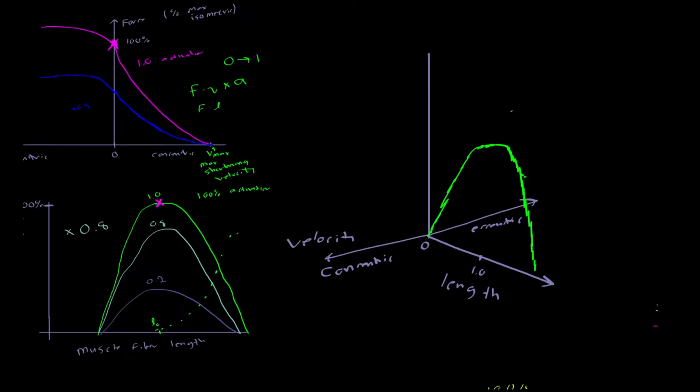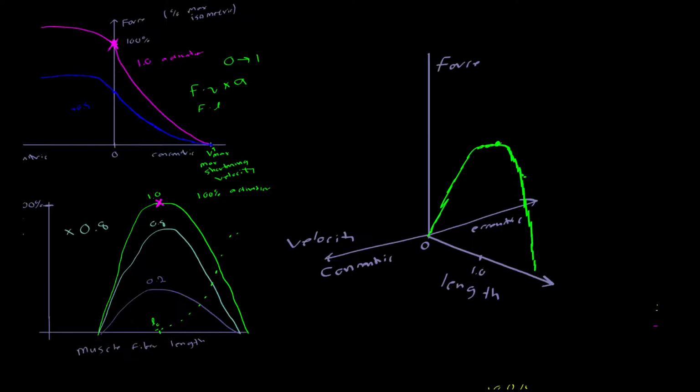Then, going this way, we'll want to add in the concentric, eccentric force velocity relationship. So that's going to start here because, of course, at 0 velocity, it's just the same thing as the muscle fiber force production. I should probably label my vertical axis here: force.